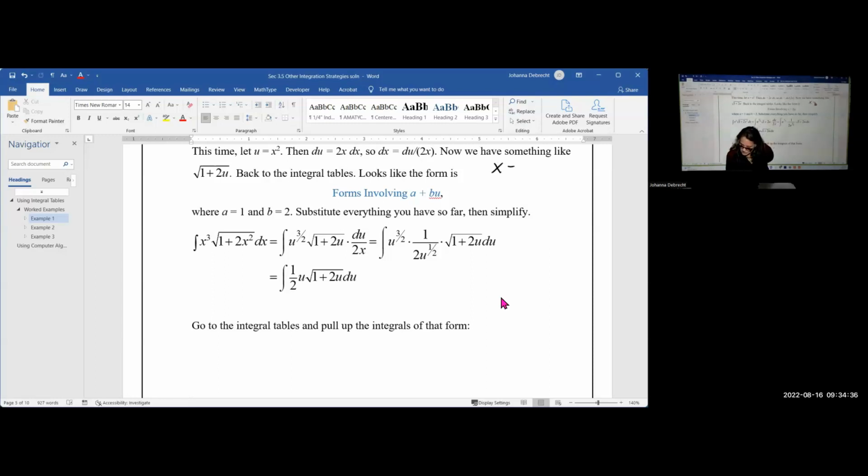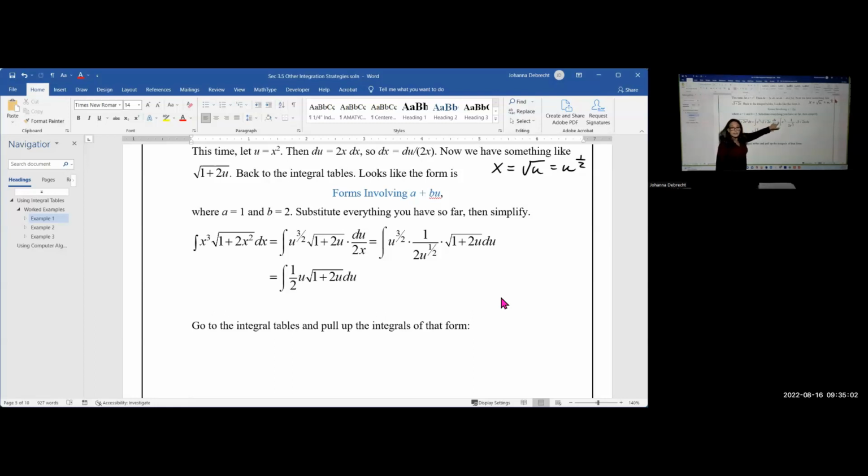So x here is equal to the square root of u, or you can write it as u to the 1/2. Now, when I'm replacing each piece, x cubed becomes u to the 3/2 power. 1 plus 2x squared, where x squared is u, becomes 1 plus 2u. The differential dx becomes du over 2x.